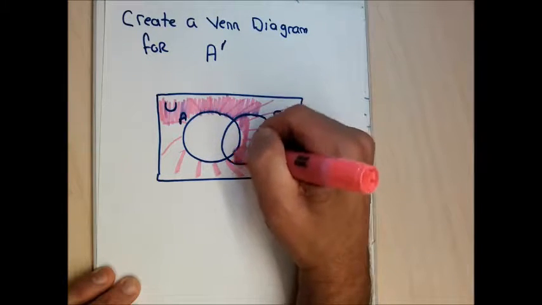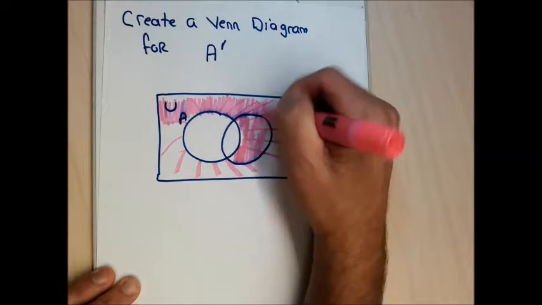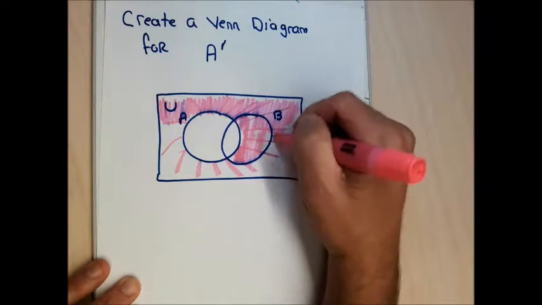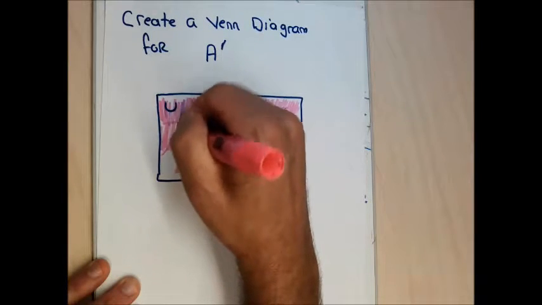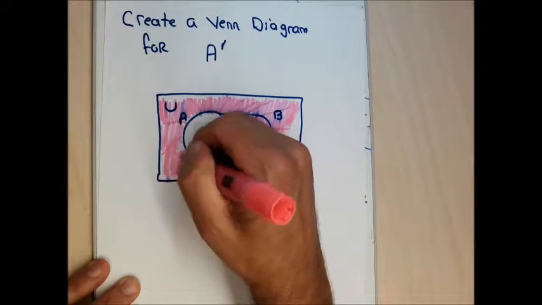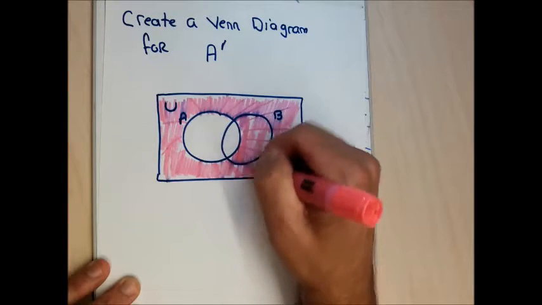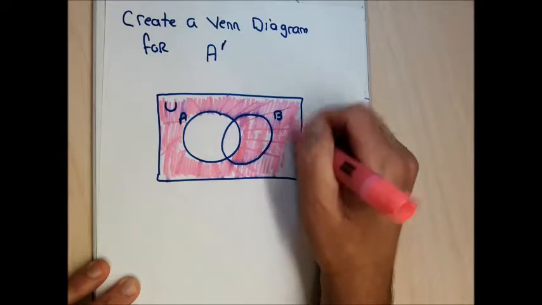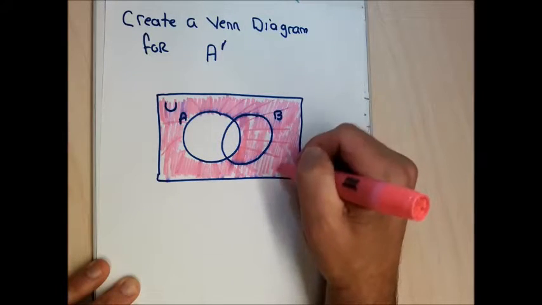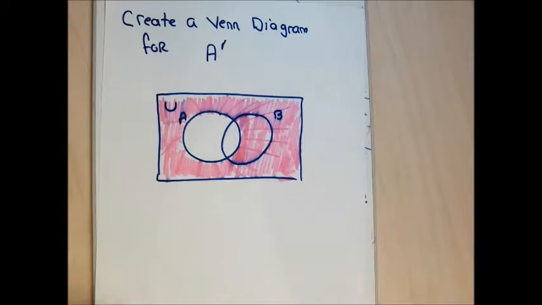She does it better. So this is going to be a pictorial representation that shades only the region of the graph that is associated with A complement. The smaller that you make these Venn diagrams, the easier your shading is.